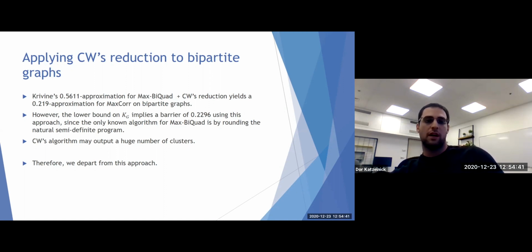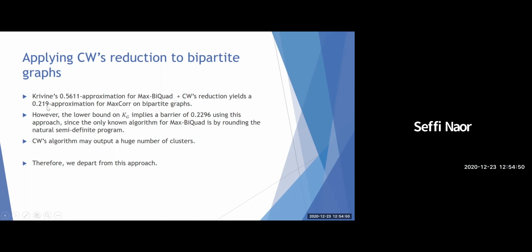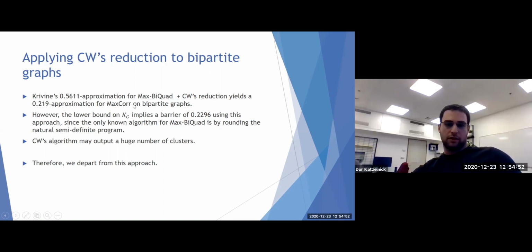Okay, so we can take Krivine's algorithm, this 0.5611 approximation, and plug it into the reduction, and we get a very simple and straightforward approximation for max score on bipartite graphs.